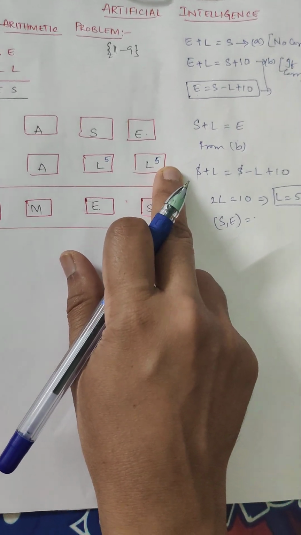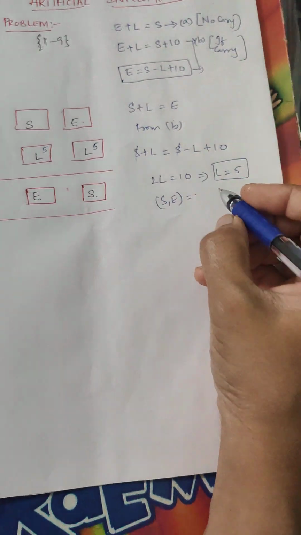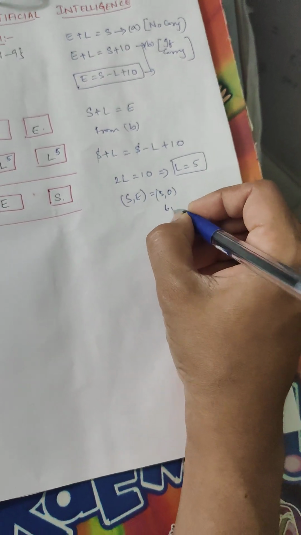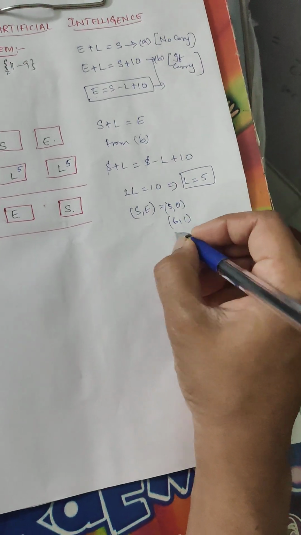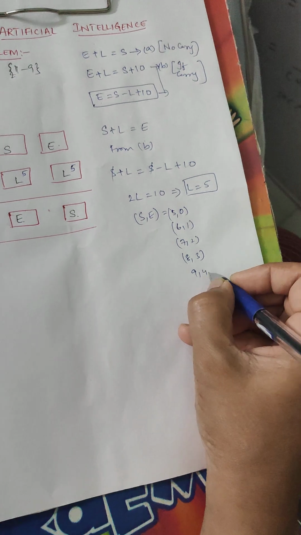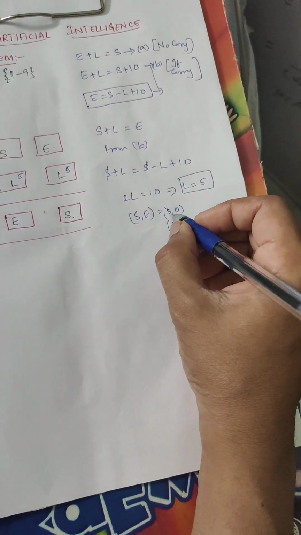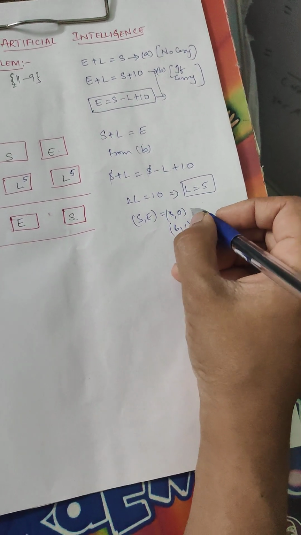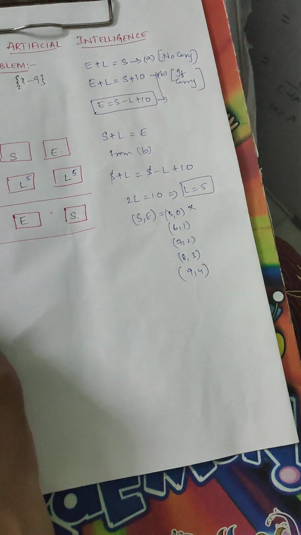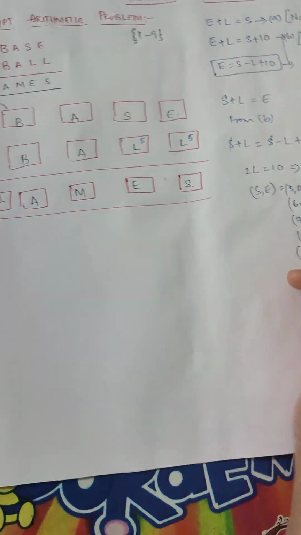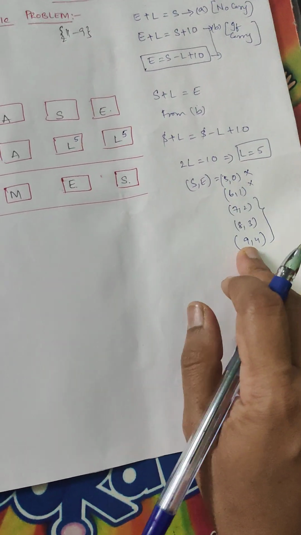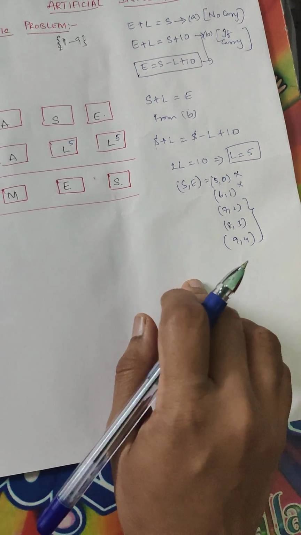So the other combinations would be 5 comma 0, 6 comma 1, 7 comma 2, 8 comma 3, 9 comma 4. We cannot consider 5 comma 0 because L is already allocated as 5. And we cannot consider even 6 comma 1 because 1 is already allocated to G. So these two combinations we cannot consider. Out of these, three combinations are available for us.